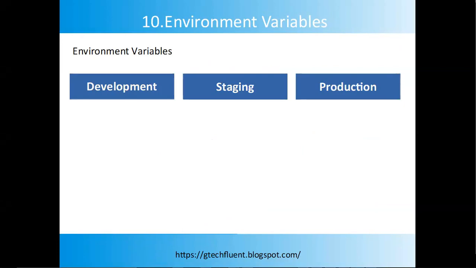So one of the questions that comes to our mind is why we need different environments like development, staging, and production. The development environment is what we software developers typically use for our day-to-day work. We want non-minified JavaScript and CSS files to be loaded in the development environment to make debugging easy.